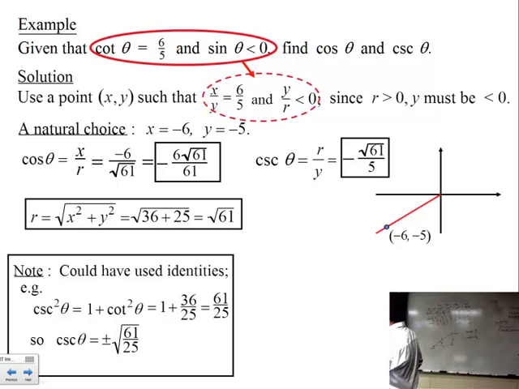So for the cosecant itself, we take the square root of both sides, and we get cosecant is plus or minus root 61 over 5. But now, without more information, I don't know. It could be either of these. So this is where we need this other piece of information, the fact that the sine is less than 0.